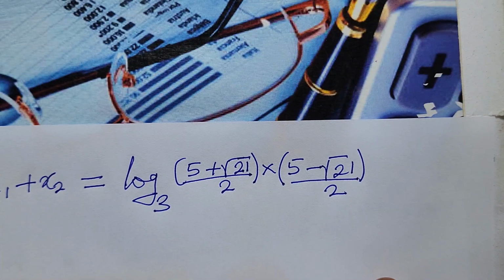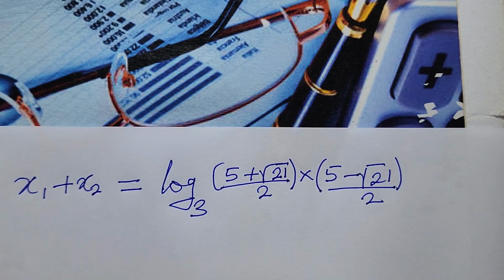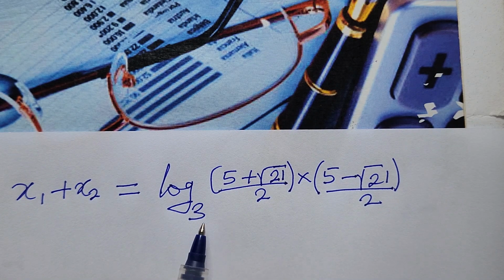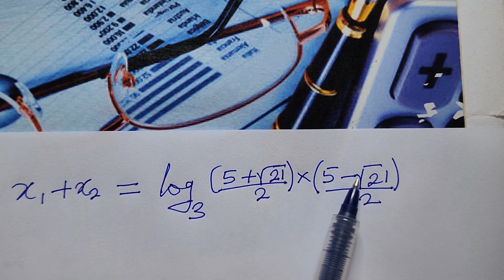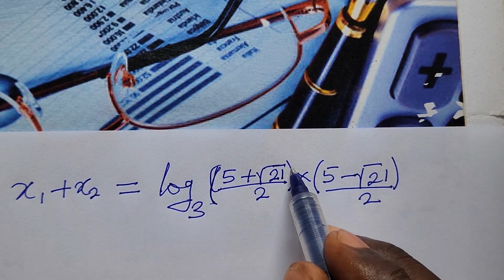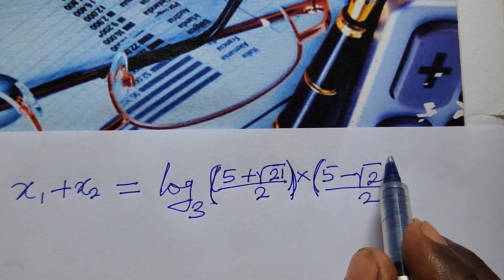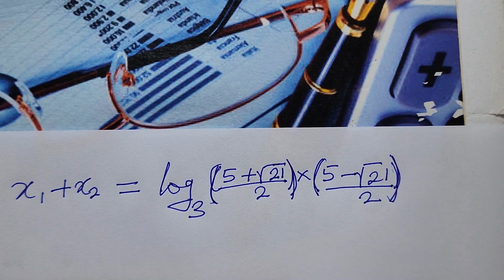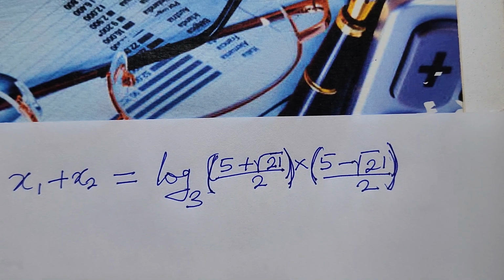Okay, so if you check carefully, you discover that this is a conjugate of this. So the multiplication is very easy and it's a perfect one, right? So what will this multiplication give us?